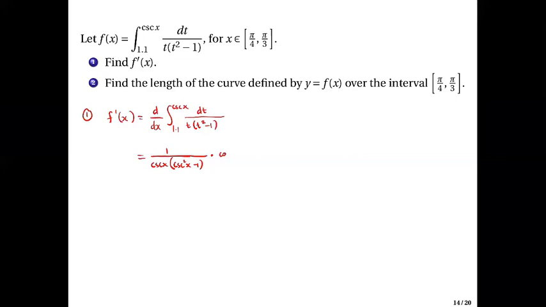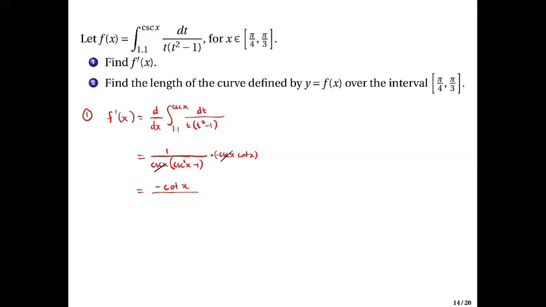It's just cosecant x, actually negative cosecant x cotangent x. Okay? If we simplify this, this guy here will cancel this. So we will have negative cotangent x.